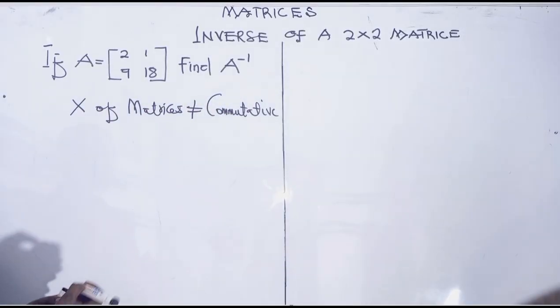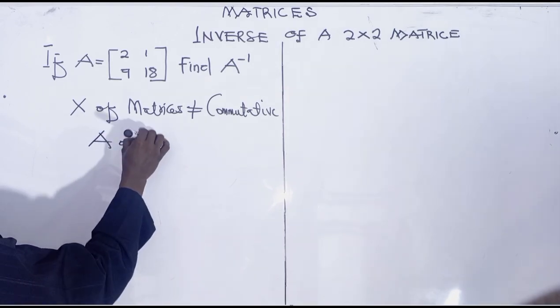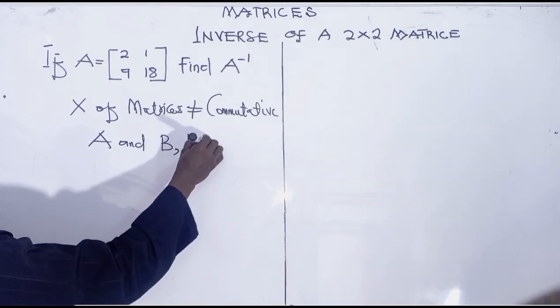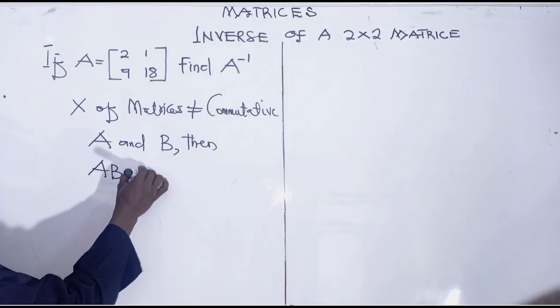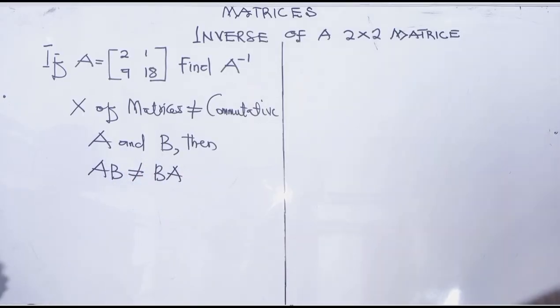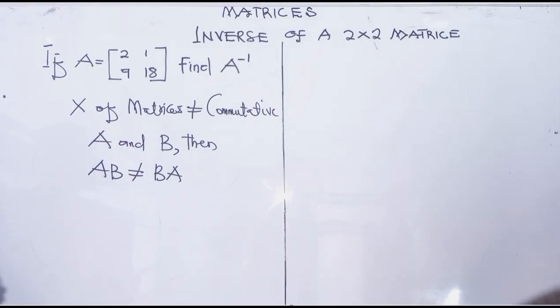So when you have any two matrices, let's say matrix A and matrix B, then the product AB is not equal to the product BA. This is what we said in our previous lesson on multiplication of matrices.